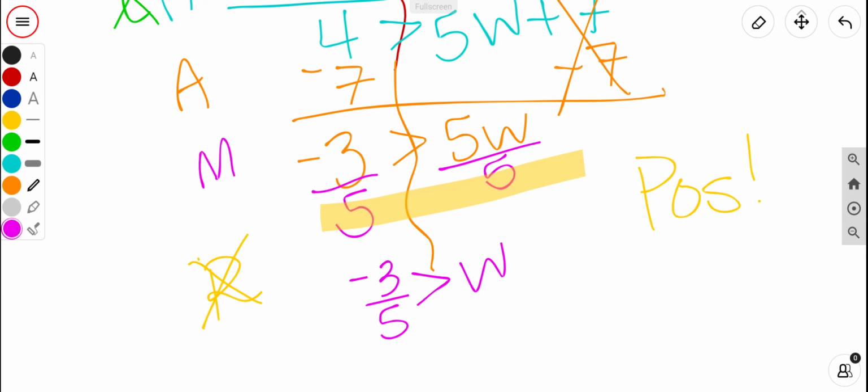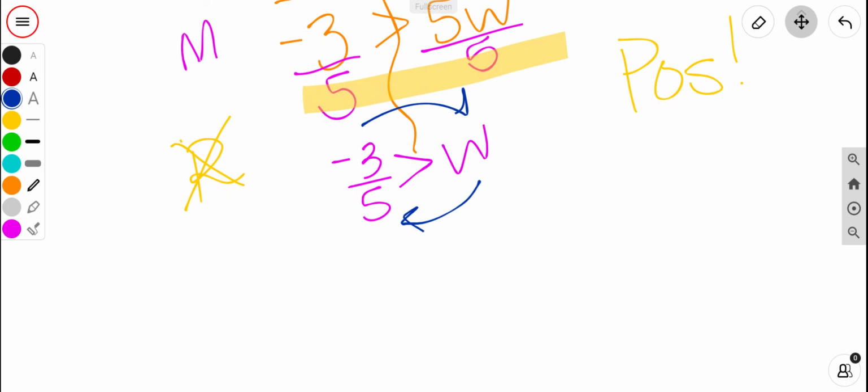But look at this at the bottom here. I've got my w on the right side, and it needs to go on the left side. So I am going to reverse this whole problem. So I end up with w on this side, negative 3/5 on this side.